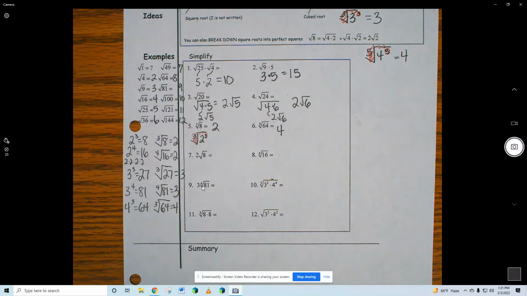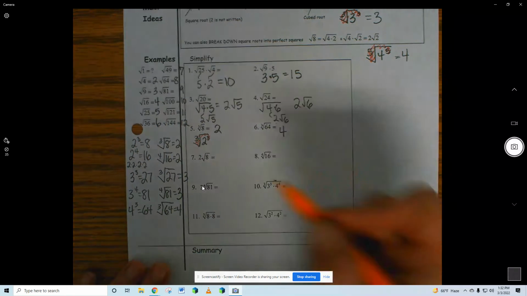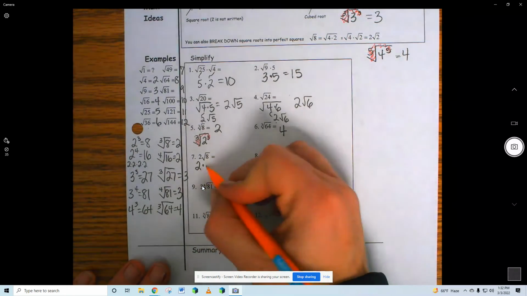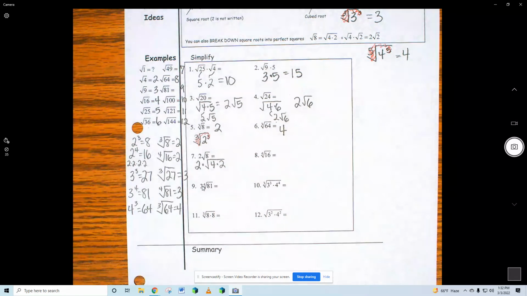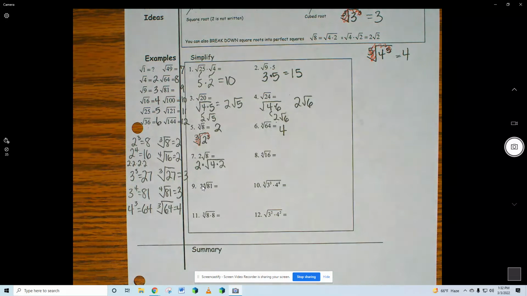Number 7. Well, the rad 8 can be broken down. 2 times the square root of 4 times 2. So since 8 could be square rooted, it's not cube root, it's a square root still. I take that 4 out.